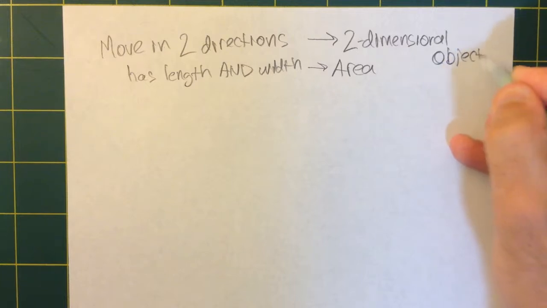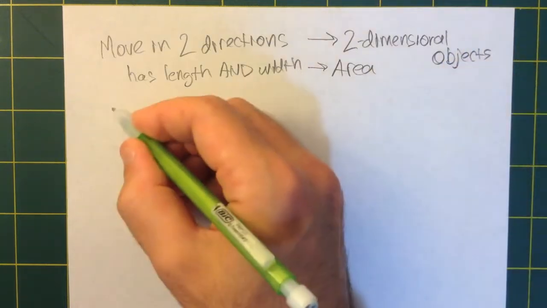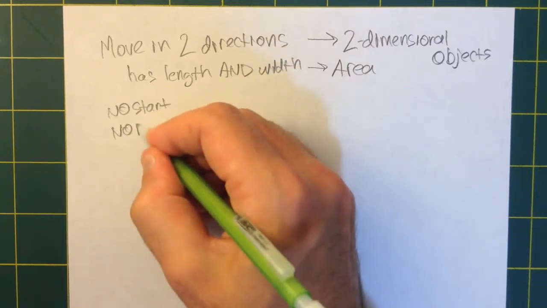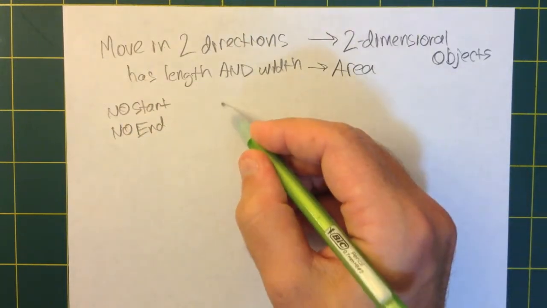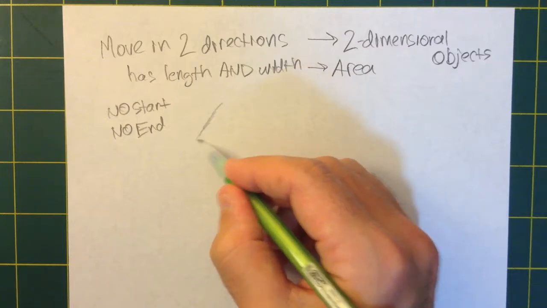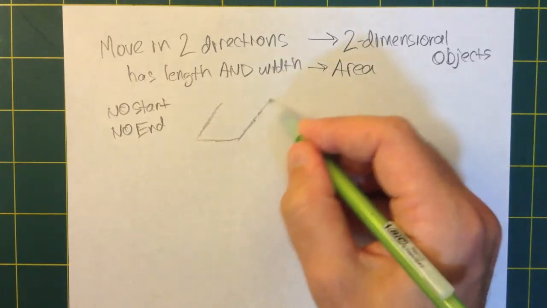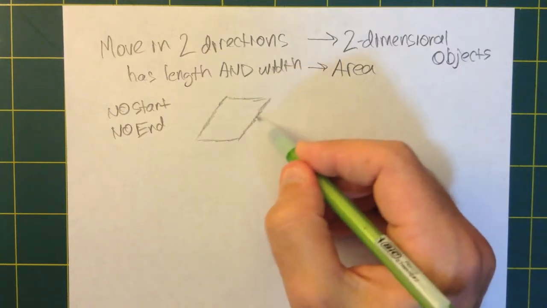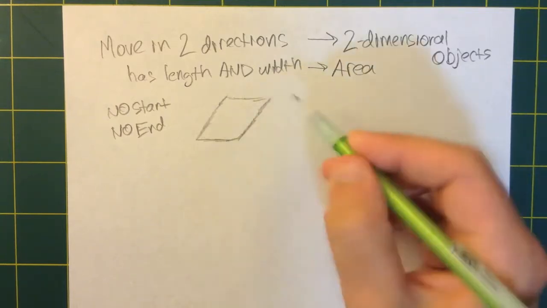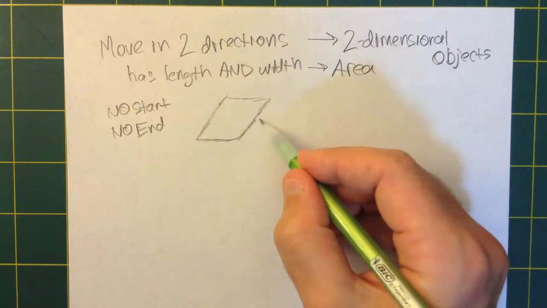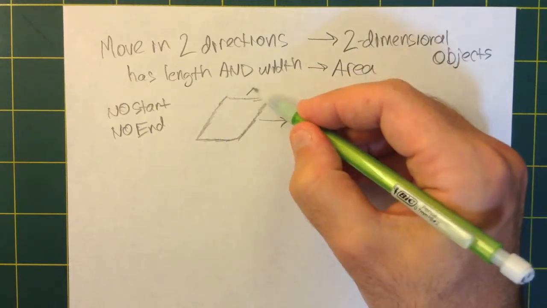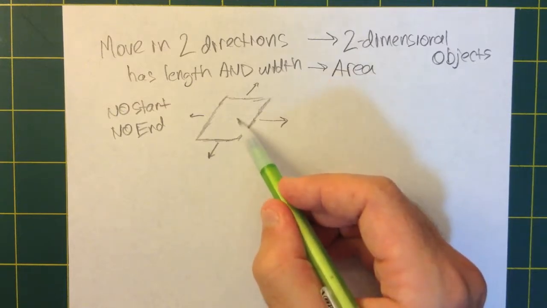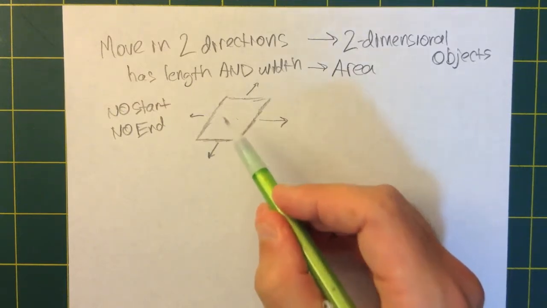Now, if your 2D object has no start and no end, it could look like this. People usually draw it like a sheet, as if you're looking down at an angle at a sheet of paper, and the sheet has no start and no end, so it extends forever in that direction and forever that way, but it doesn't move up or down out of this surface.